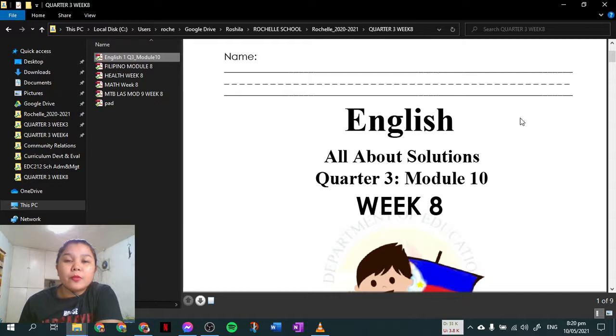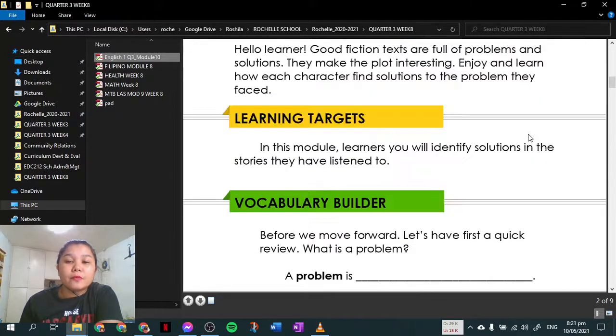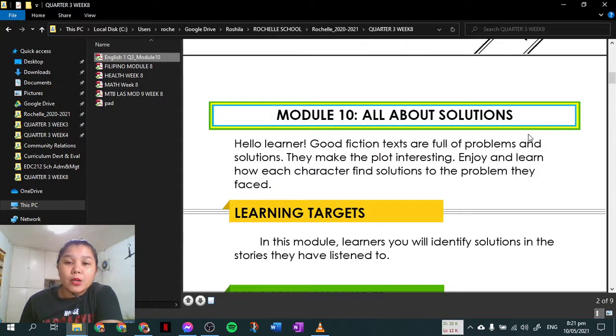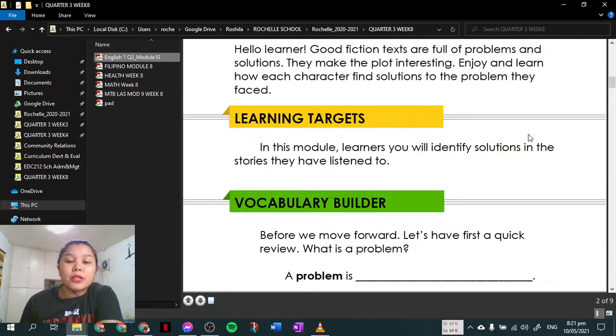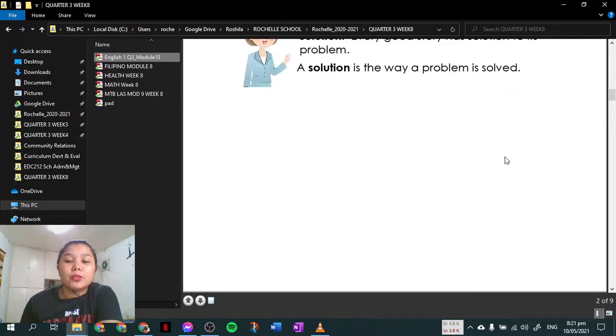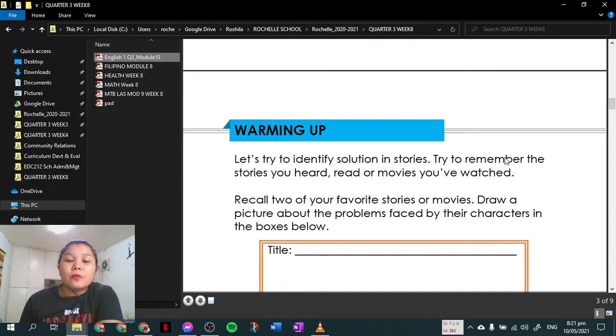If you can remember the previous module, it's about all the spot the problem. So now we are done with it, and we now go to solutions for week 8. So the same parts, starting with learning targets, vocabulary builder, and then warming up.